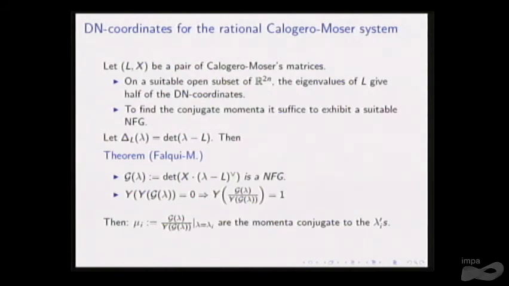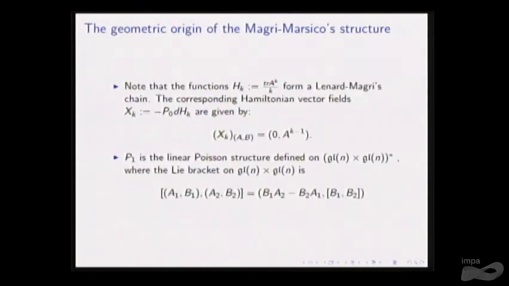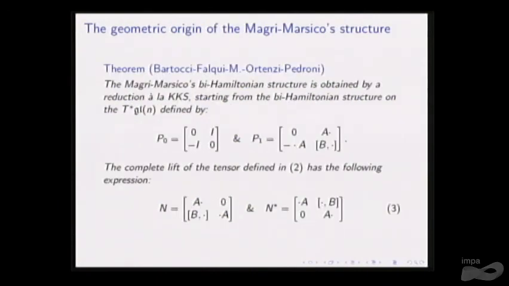Now, here probably I need to make a comment. This L here is the Lax matrix. Before, you had this Nijenhuis tensor N. But if you look here, it's just the same.